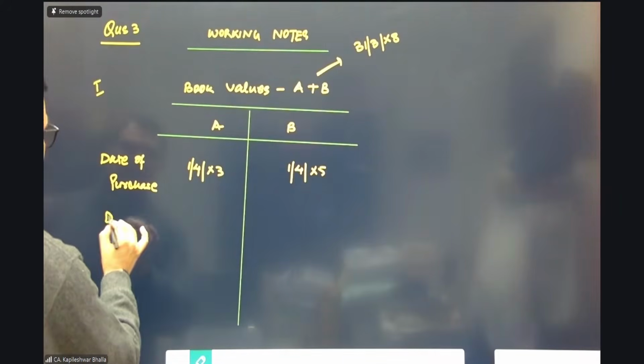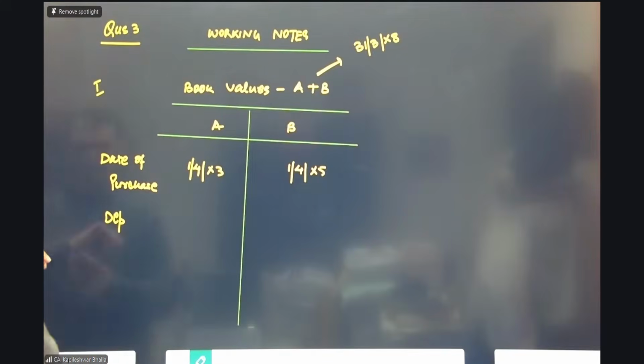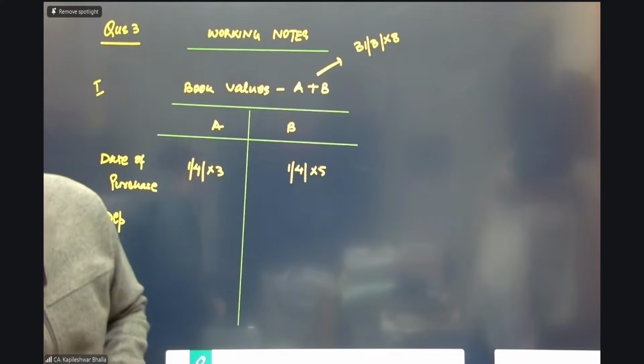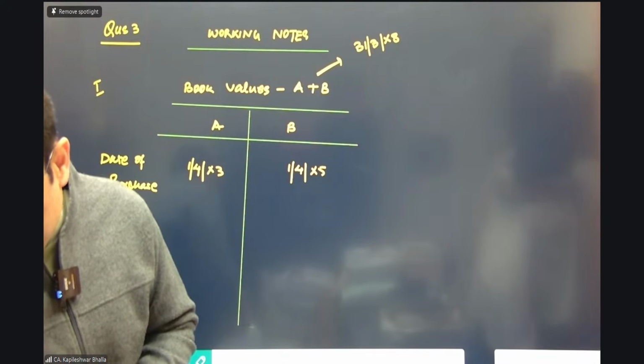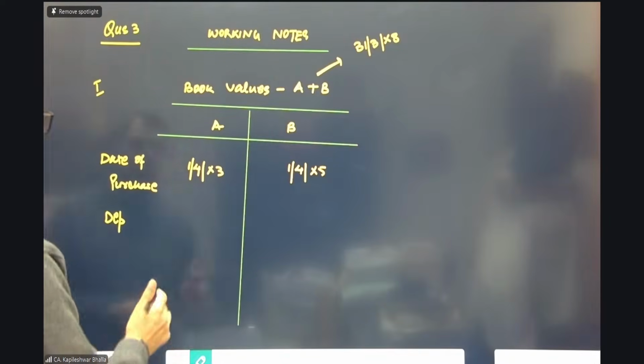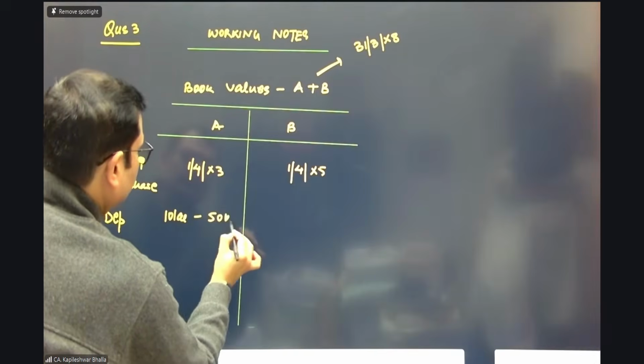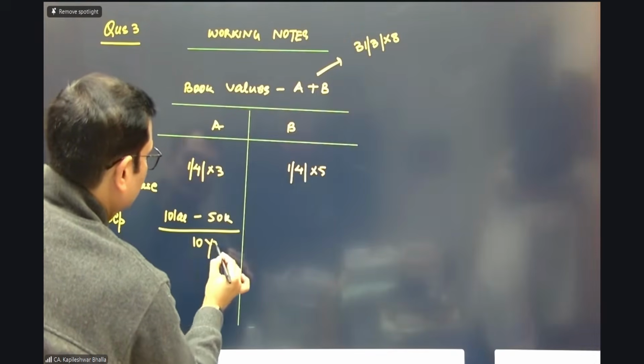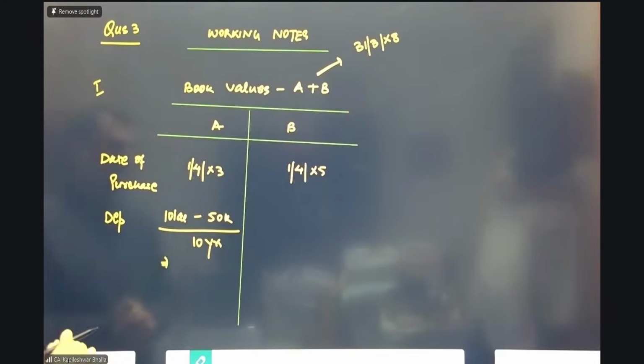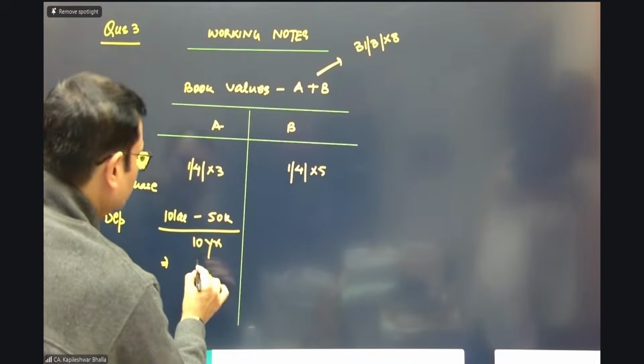Let's consider what is the depreciation for machine A. The cost of machine A is 10 lakhs and the scrap value is 50,000. So 10 lakh minus 50,000, and the life is 10 years. Let's see what is the depreciation per annum. I think it's 95,000.